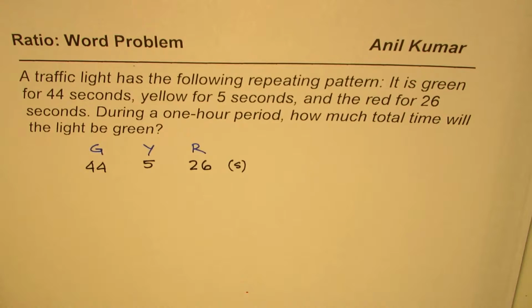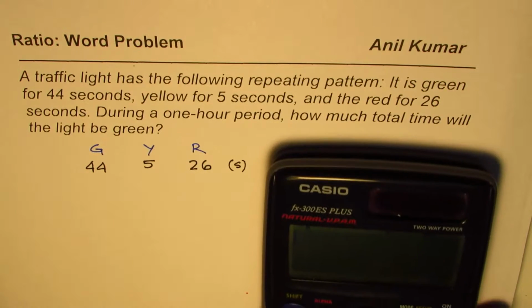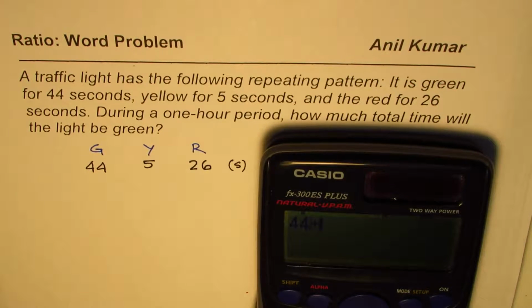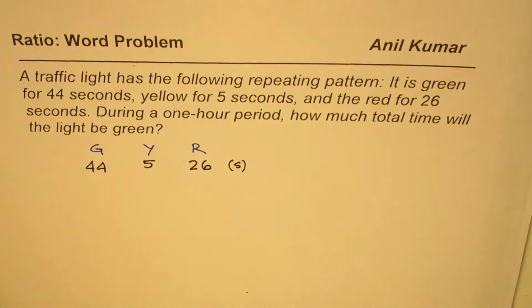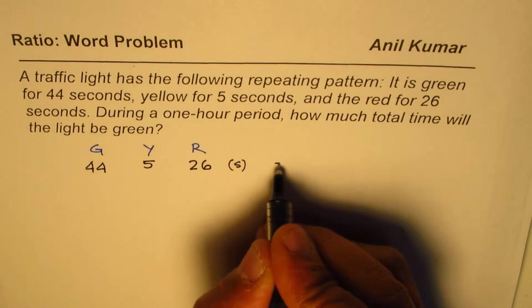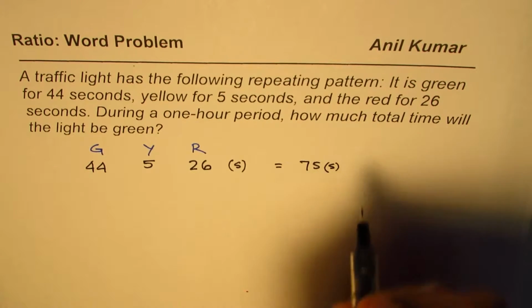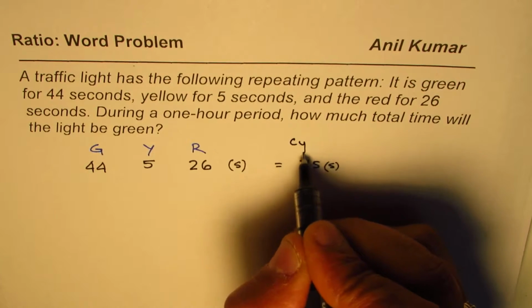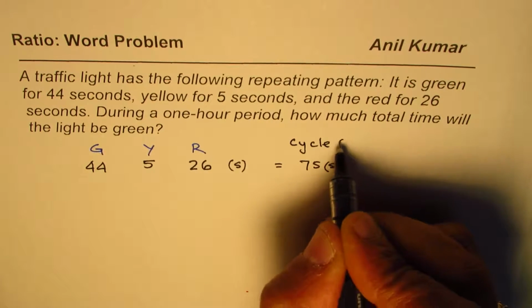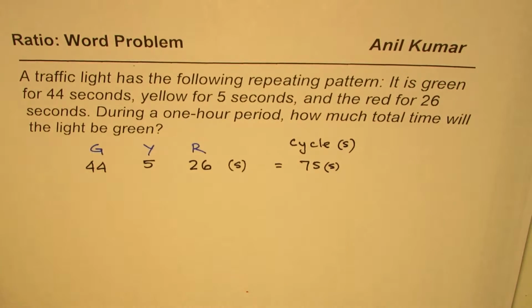This is the first thing we should know about. So let me add them all: 44 plus 5 plus 26 is 75 seconds. So that is the cycle time in seconds, 75 seconds.